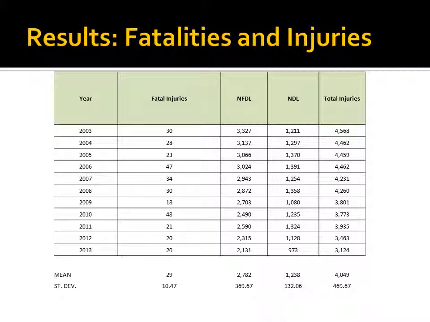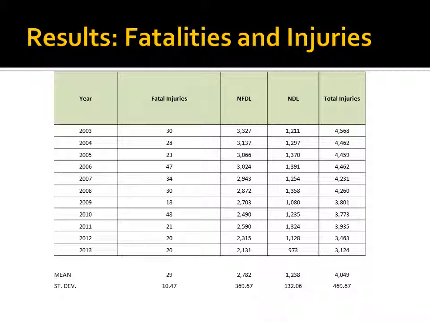Next, moving into the fatalities and injuries. This graph I constructed shows you the amount of fatal injuries by year, as well as the NFDL and NDL. NFDL being the non-fatal injuries resulting in days lost, and the NDL is the non-fatal injuries which do not result in days away from work.